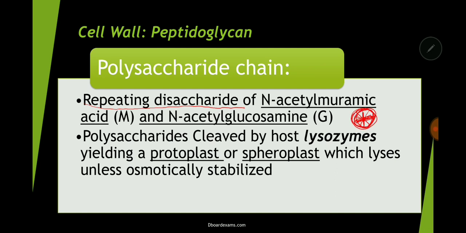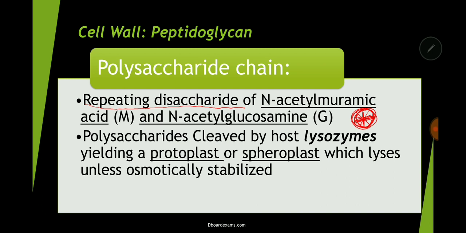Very important point, so I'm going to repeat it. The polysaccharide chain in the peptidoglycan is made up of repeating disaccharides, a disaccharide made out of N-acetylmuramic acid and N-acetylglucosamine.